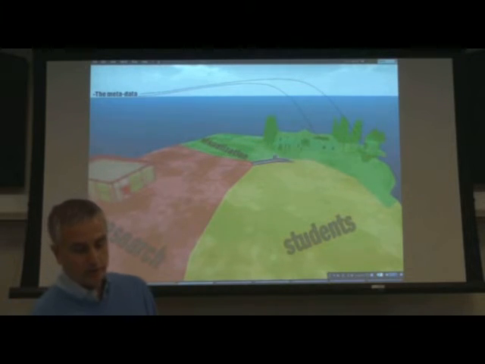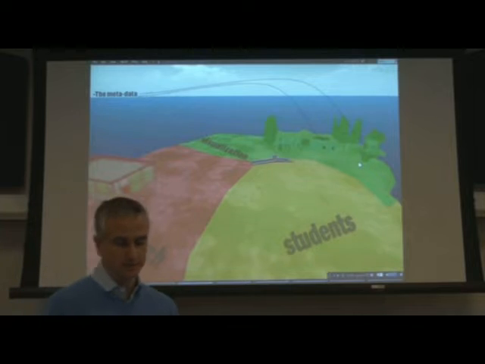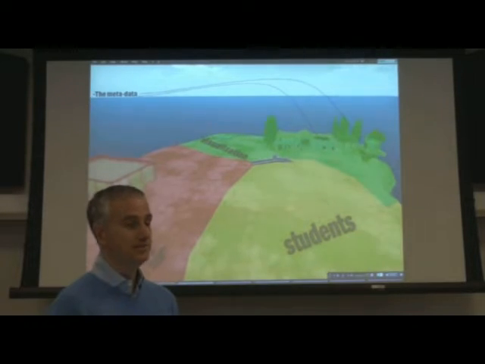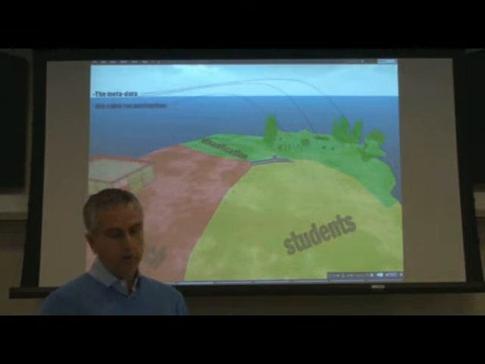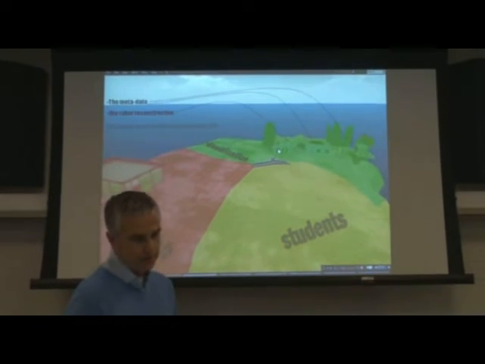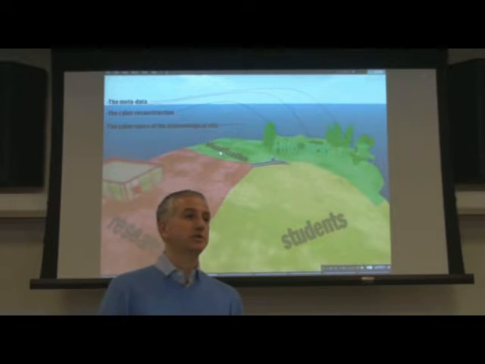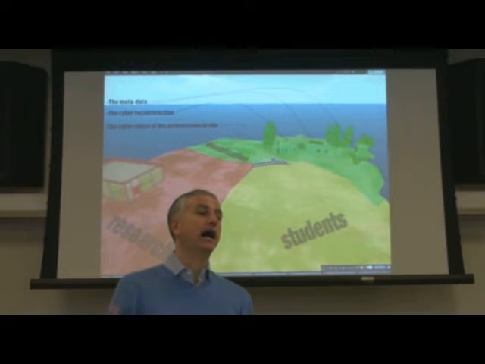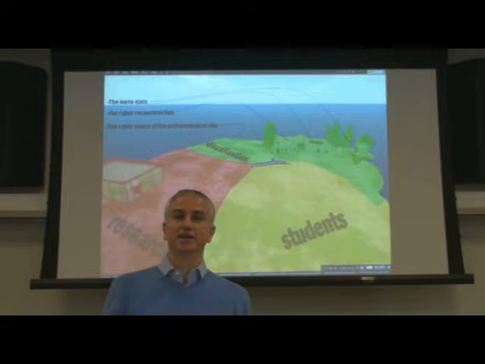For example, we have some multimedia platform here able to host some metadata, for example, movies, or cyber reconstruction, like here is the case of the Villa of Livia. And finally, a cyberspace where we have a representation of the archaeological site, how the site is today. You will see a big difference between the reconstruction and the site.